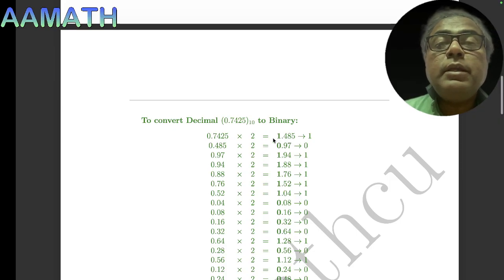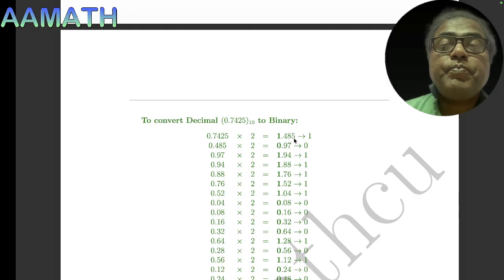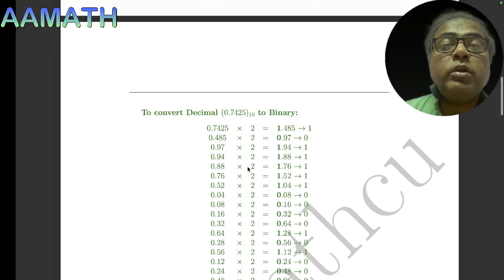Here the integer part is 1 and the fraction part is 0.485. So store this integer part 1, and in the next step multiply this fraction part by 2 and get 0.97, so store 0 as the integer part, and carry 0.97 into the third step, and so on.